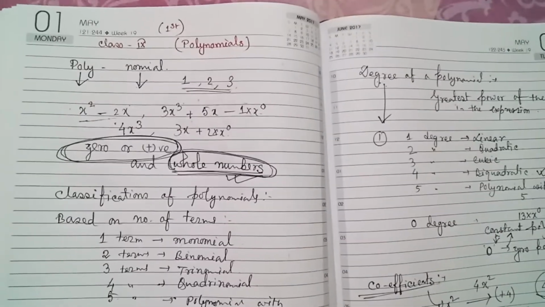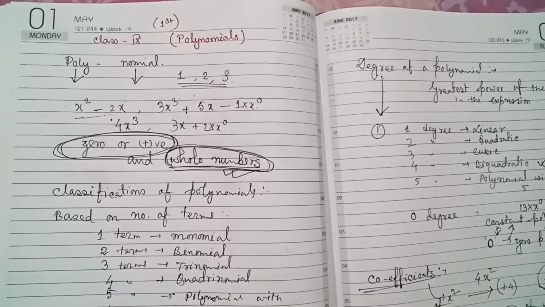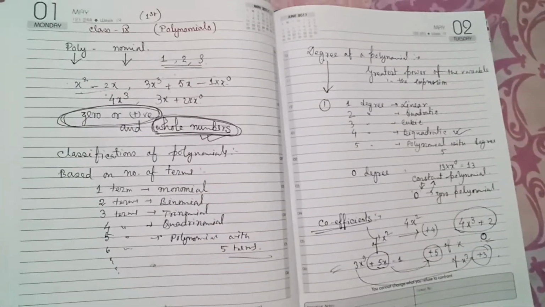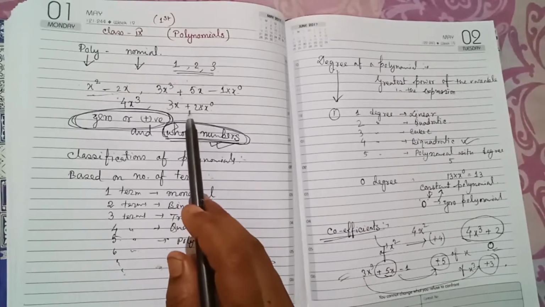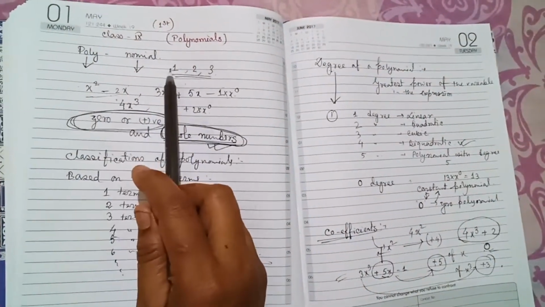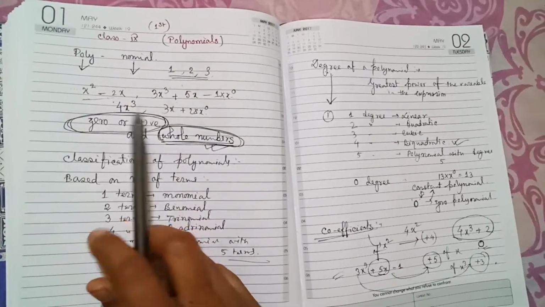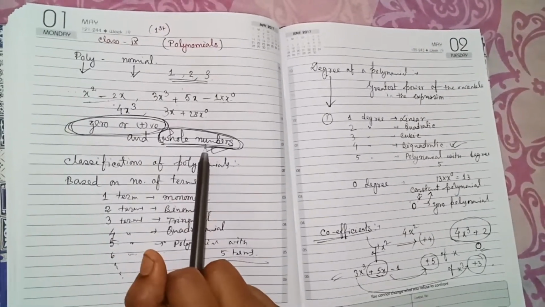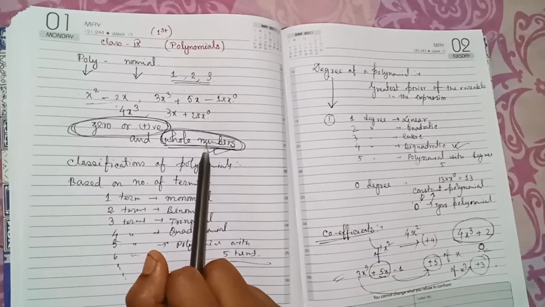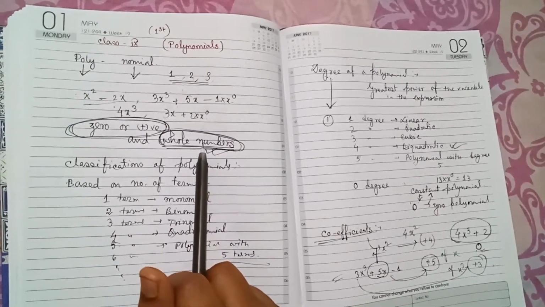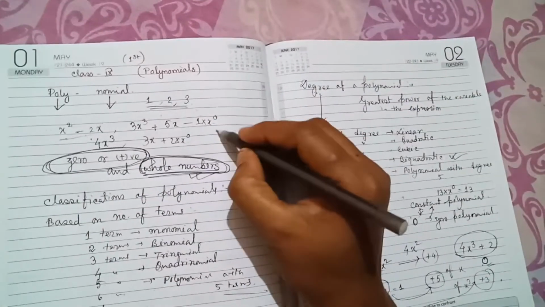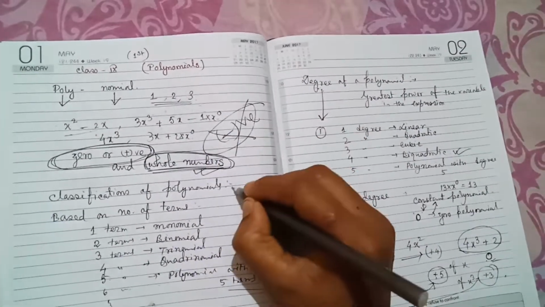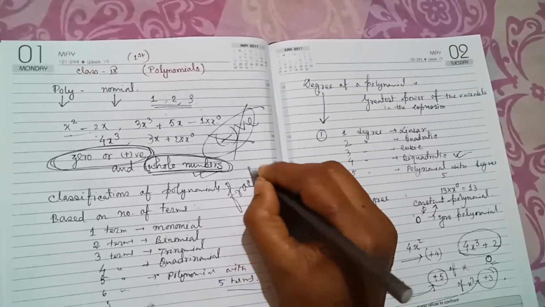So these are all topics that I covered in the first session of this chapter, polynomials. I am repeating it again and giving you a very quick idea. Polynomial degree, that means a polynomial's powers must be whole numbers. It can't be negative, it can't be a fraction.